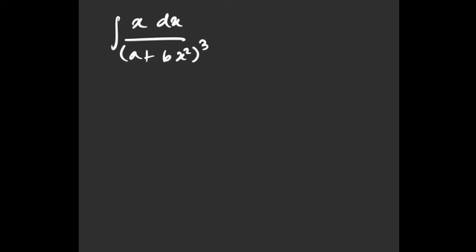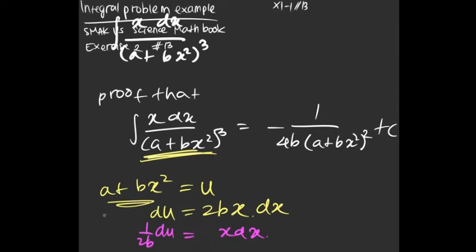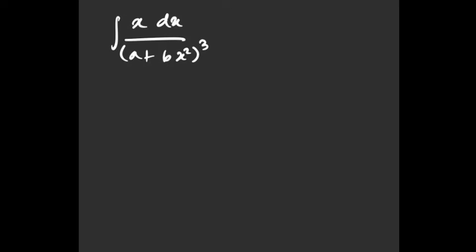Because previously we have seen that x dx will be equal to 1 over 2b times du, and a plus bx squared cubed is going to be the same as u cubed, so we substitute it into the integration of 1 over 2b times du times 1 over u cubed.